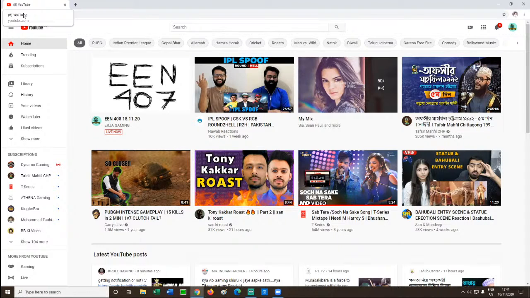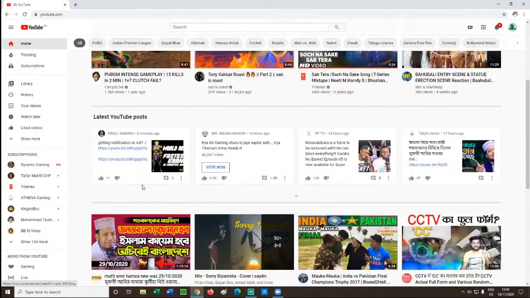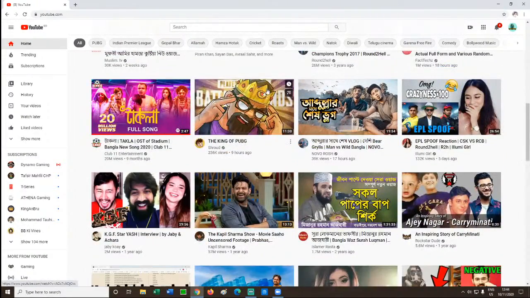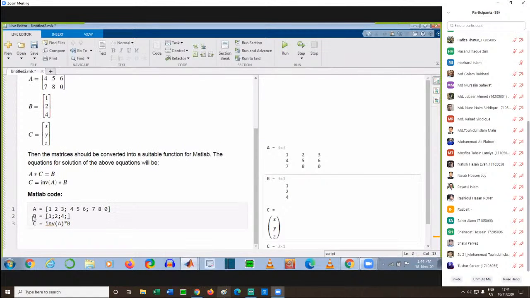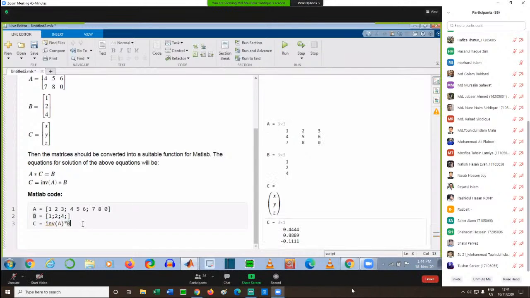You got the same result? Also, you don't need this. It is just for your understanding. Look, the code is very simple. Only 3 lines of code to solve 3 simultaneous equations.